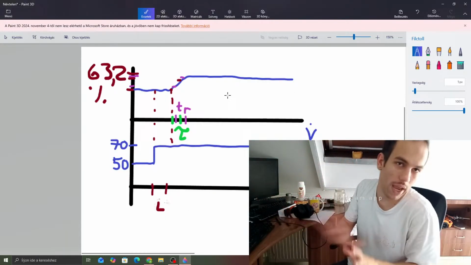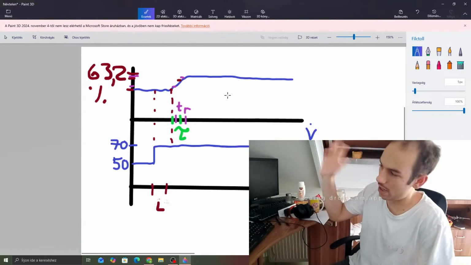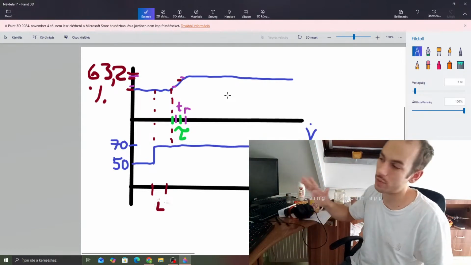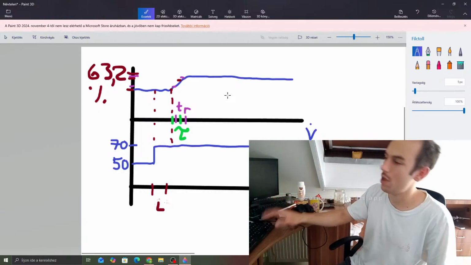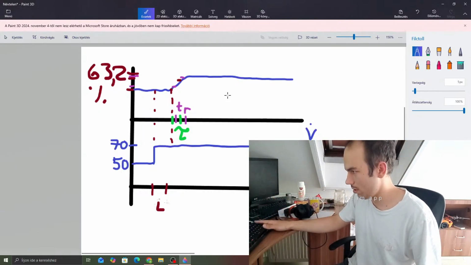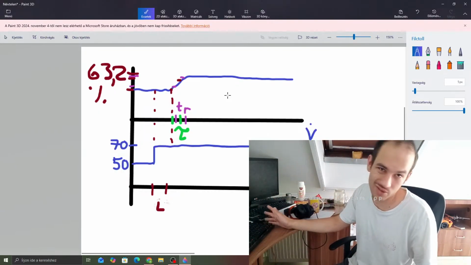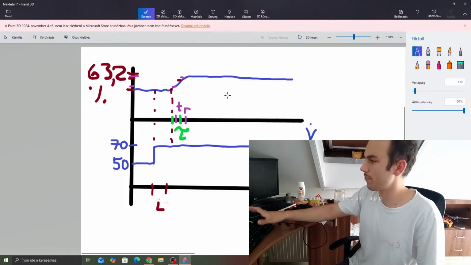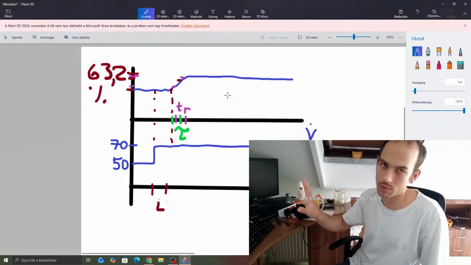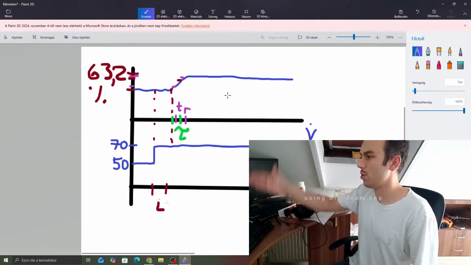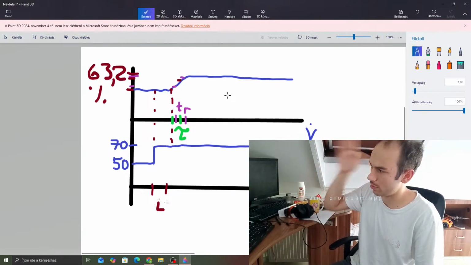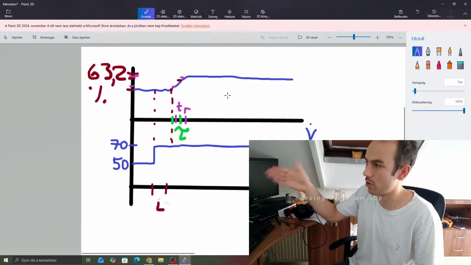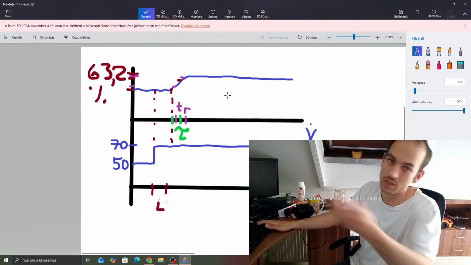The main concept is you can look it up. It doesn't matter if I tell you in this video, always double check these things. We'll refine this, but the main point is that you can read these constants from the actual response. You do these step responses.